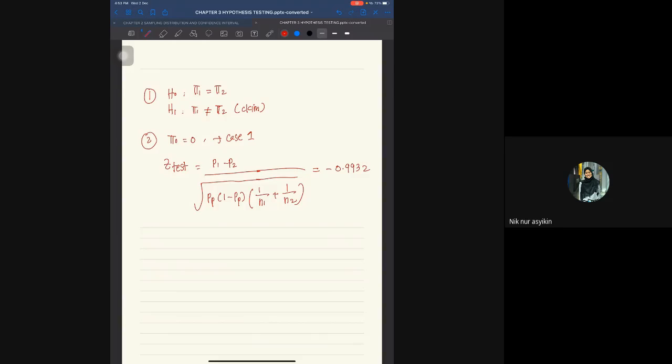The rest of you get similar? I guess similar. Okay, so negative 0.9932. So step 3. The type of hypothesis? Two-tailed.